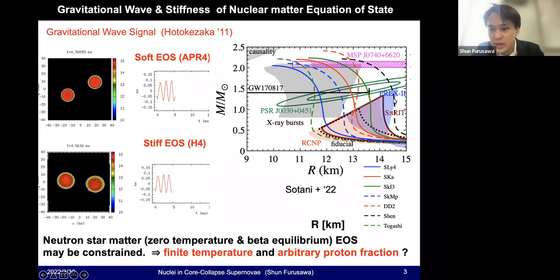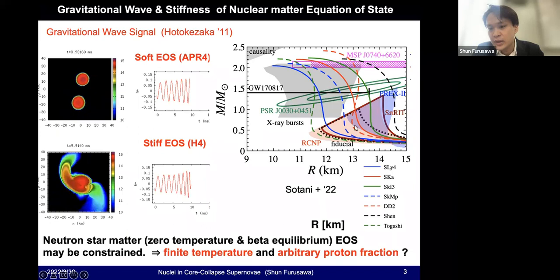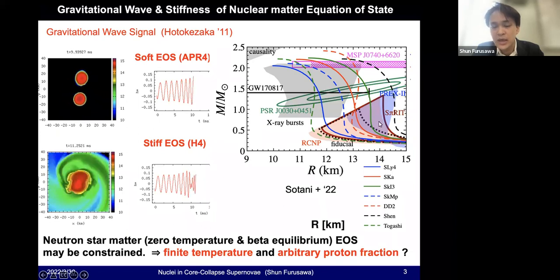For example, recently PREX-2 measured the neutron skin of heavy nuclei, and they constrain this low density part of the neutron star equation of state.